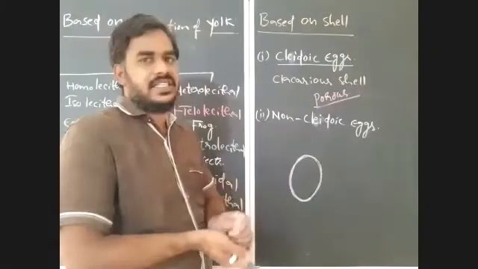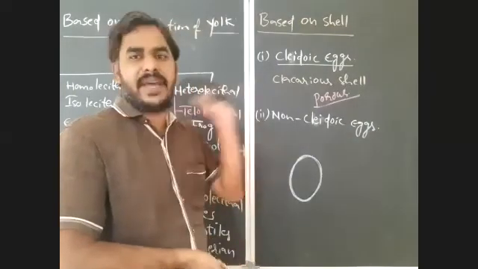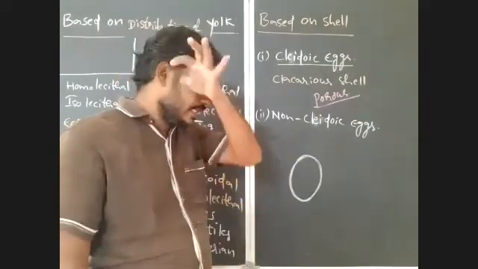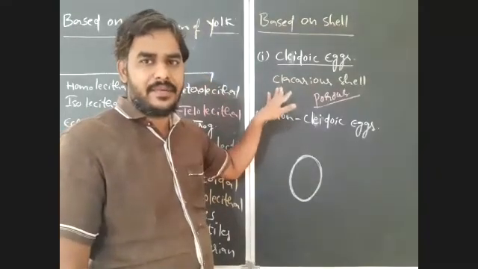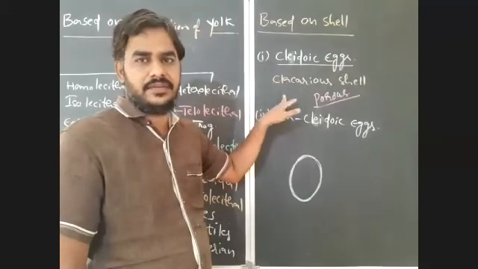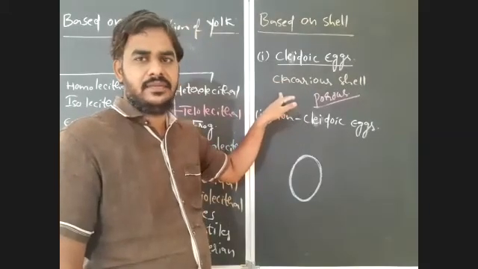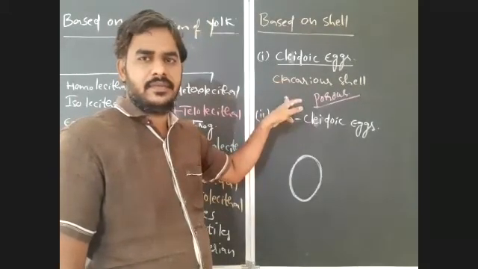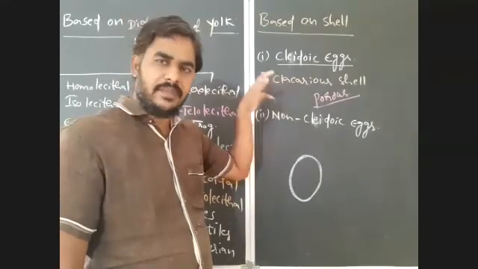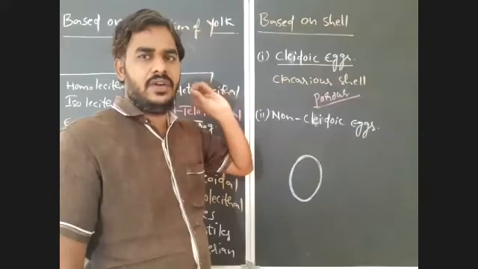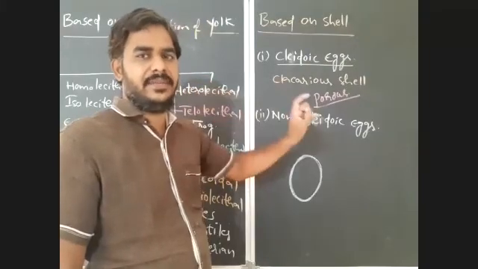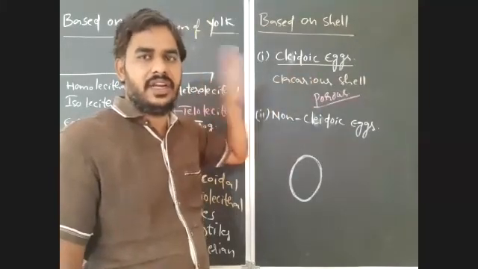So you have to remember, examples for cleidoic eggs are all terrestrial oviparous animals like insects, some annelids, aves, reptiles, and egg-laying mammals. Wherever you find an oviparous terrestrial animal, this type of egg is there, the cleidoic egg.